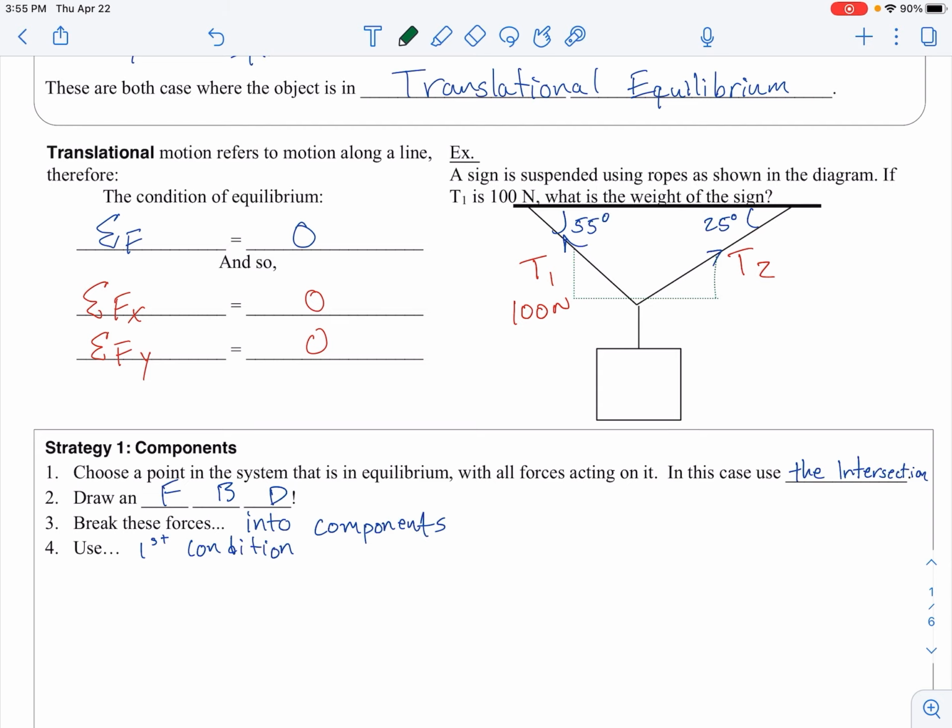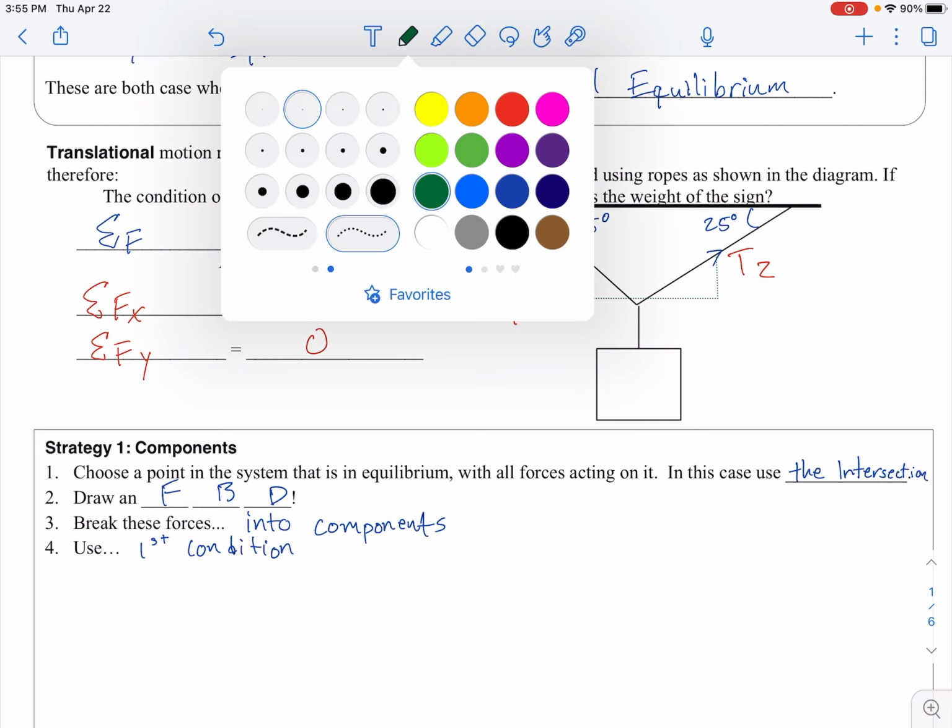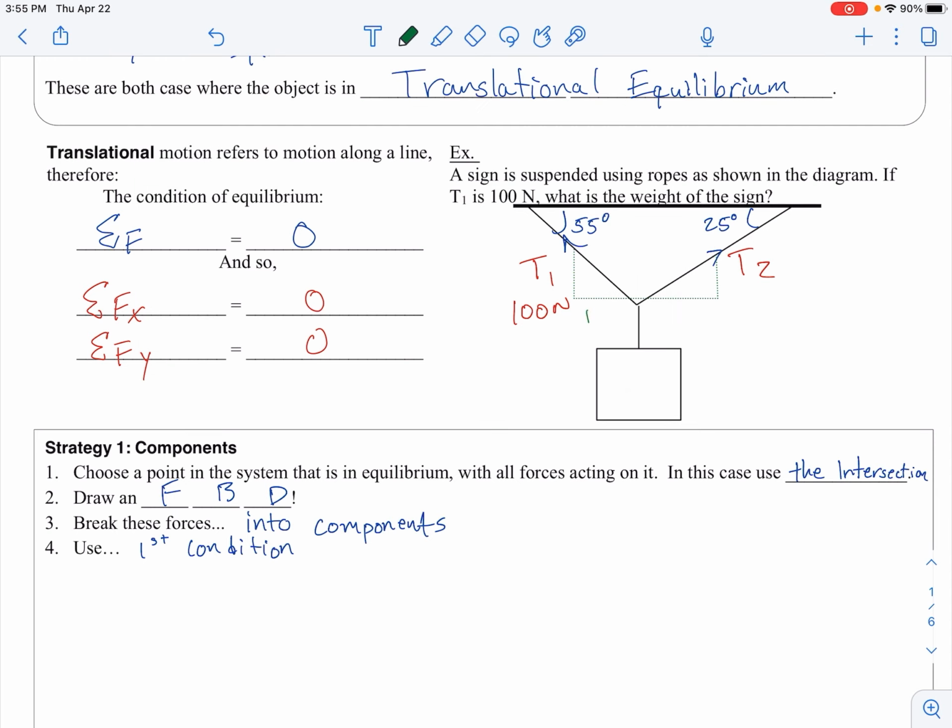So we've got T1x, T2x, T2y, T1y. This is T1 equals 100. So I broke it down into some components.